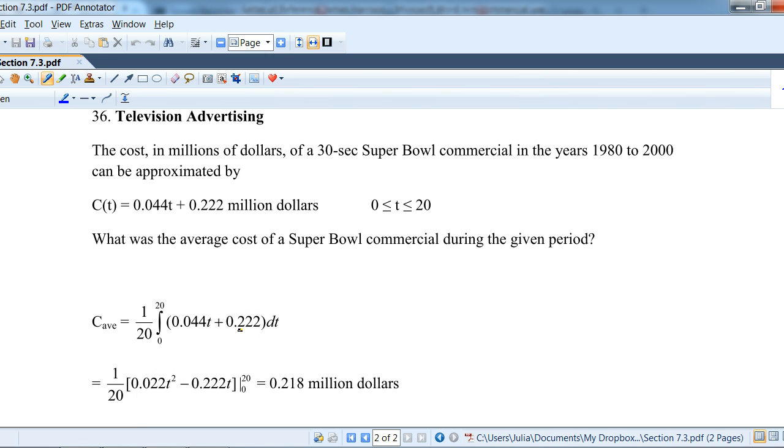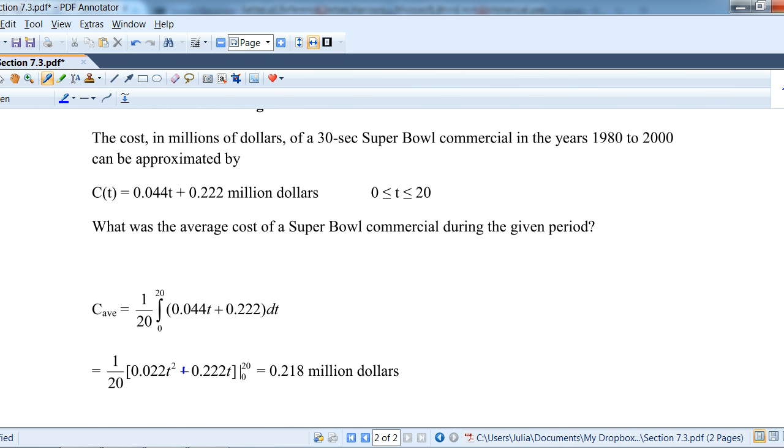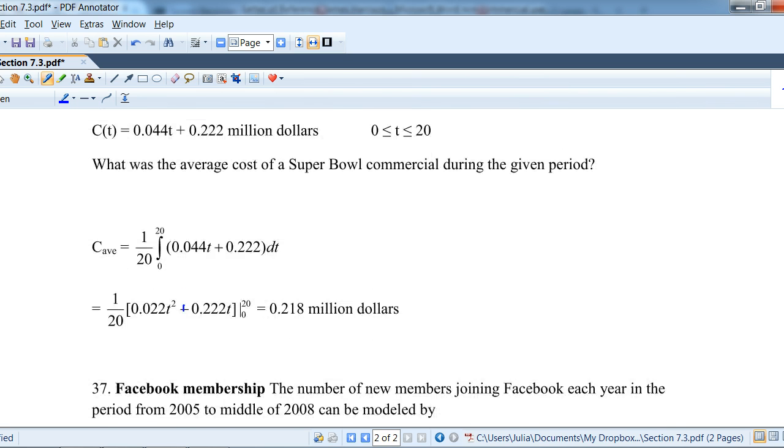And then, I think this is a typo, it should actually be a plus right here, 0.22t from 0 to 20. And we can plug in 20. You may want to double check the final answer. We can probably do this in class, but if you plug in 20, hopefully you get that as the answer. Maybe it was just a typo, but we can double check.